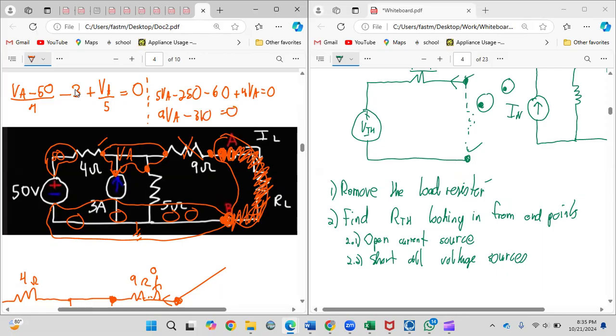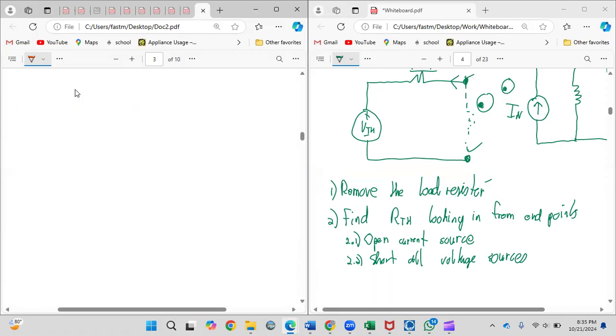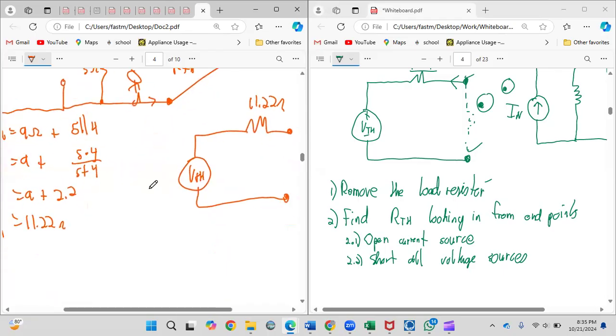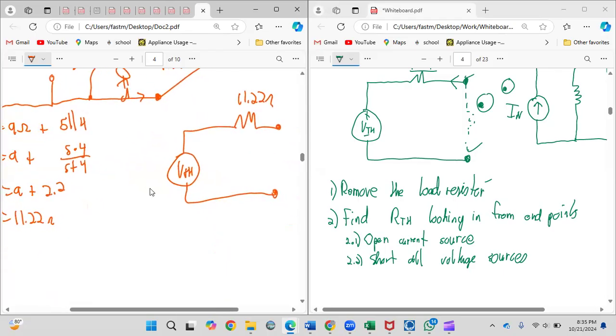Carry across 310, so you end up with VA equal to 310 divided by 9, which is 34.44 volts. So that is what VA is, and that is what V Thevenin is, since I have no current flowing through. So you now have what V Thevenin is.